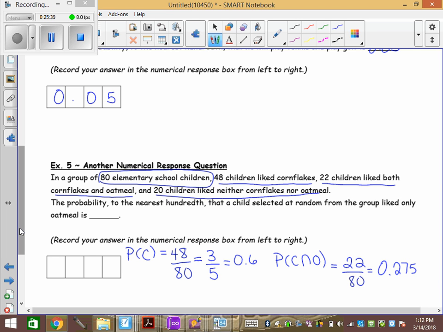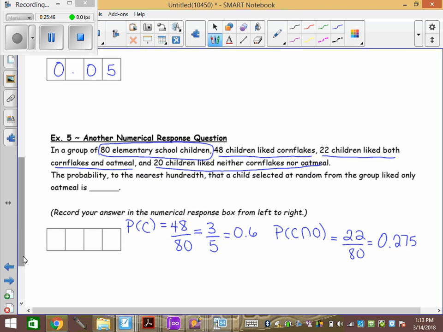And that's not rounded, so we're okay. Then, neither: the probability of neither would be 20 out of 80, which is 0.25.